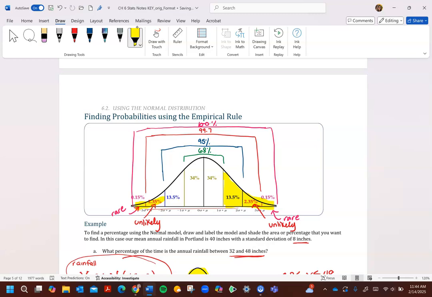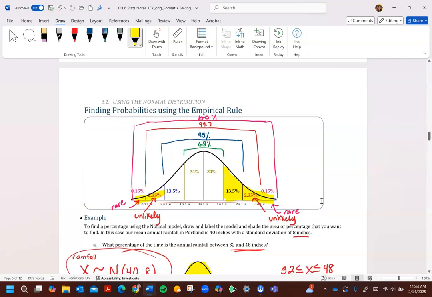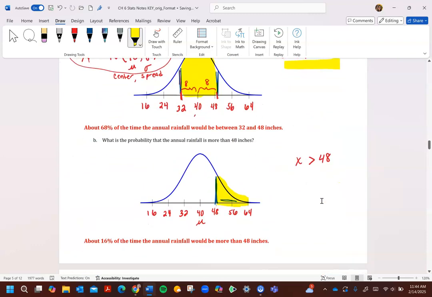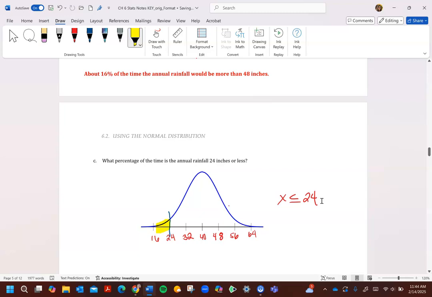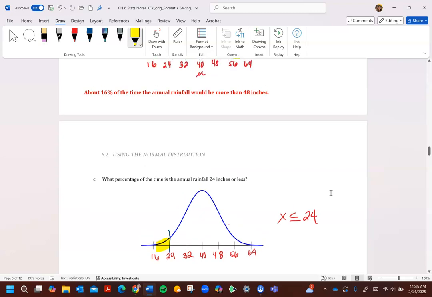So we would have 0.15 plus 2.35, and we get 2.5%. I'm just leaving everything as percentage. So the answer for that one is 2.5%.